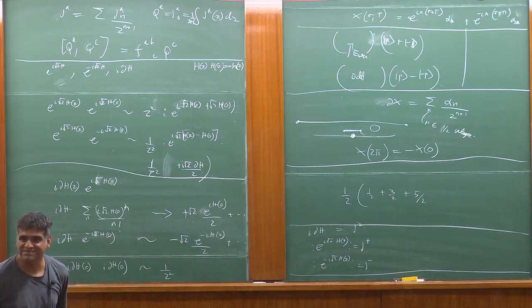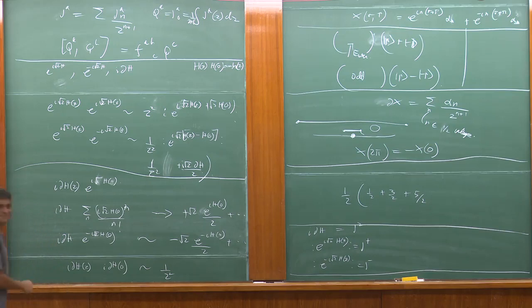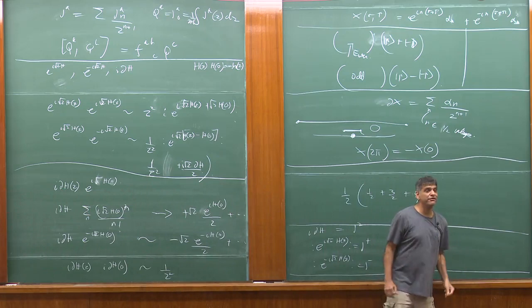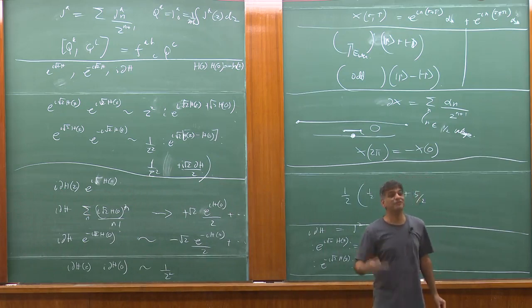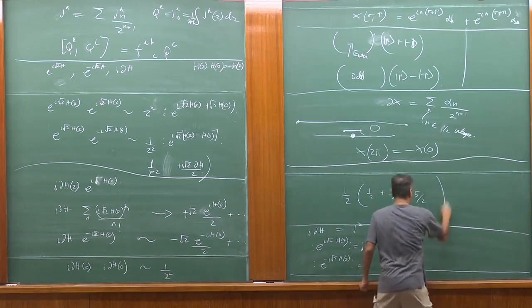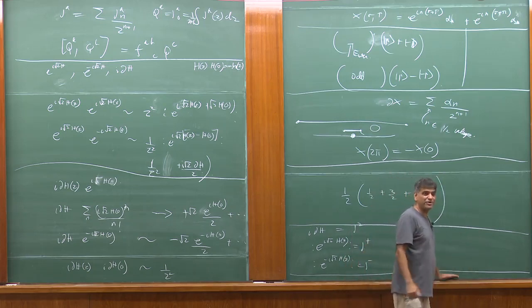Is this clear? But in the last lecture we did this sum. We did this sum when computing the ground state energy for fermions in the Neveu-Schwarz sector. Okay? And let us back calculate to recover that answer.